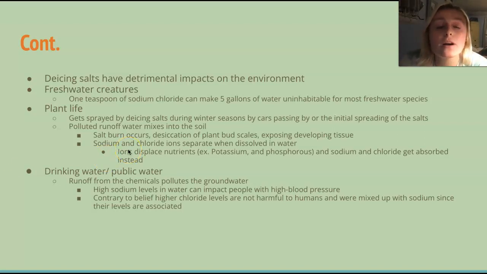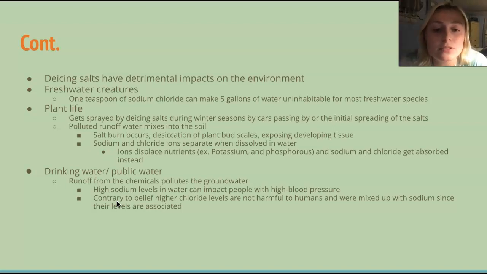Sodium chloride ions also separate when dissolved in water, and this displaces the nutrients in the soil, such as potassium and phosphorus, and that leaves the plants absorbing more sodium chloride than the actual nutrients they need. And our public drinking water gets impacted because, again, the runoff water.